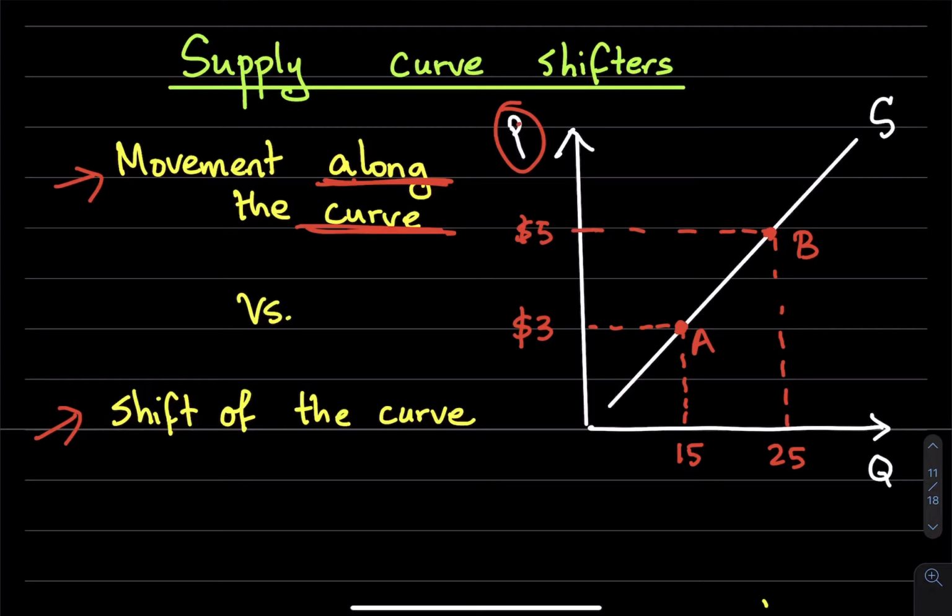But there are factors that don't appear on the axis that can cause a shift to happen.